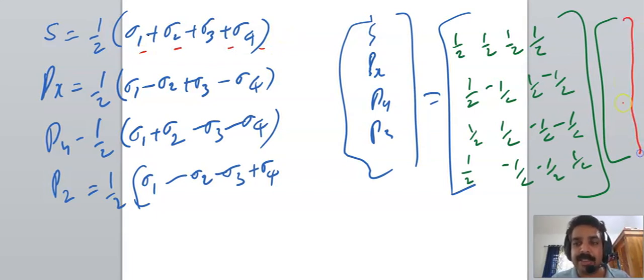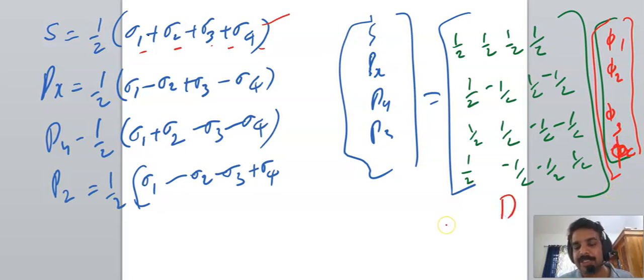It is the same as phi 1, phi 2, phi 3, phi 4, because sigma 1, sigma 2, sigma 3, sigma 4, the pendant orbitals, have the same symmetry as our hybrid orbitals phi 1, phi 2, phi 3, phi 4. So this is the D matrix.